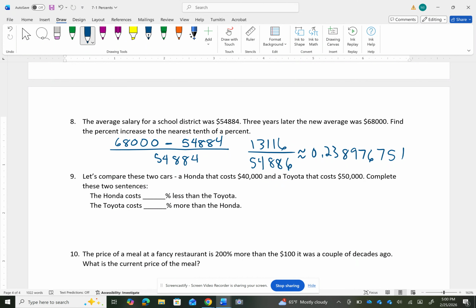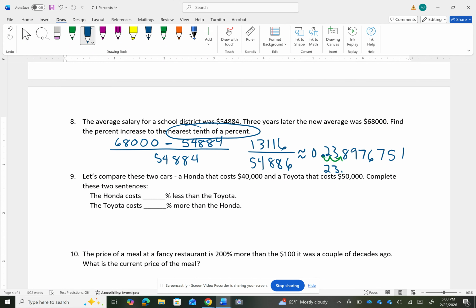0.238976751. Now I wanted to talk about what it means to round to the nearest tenth of a percent. You don't round to the nearest tenth at this stage. You wait until you've changed it into a percent. So see how that would be 23.8976751.